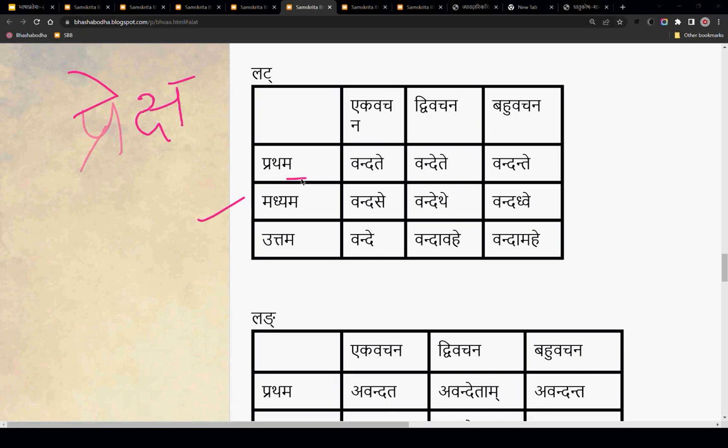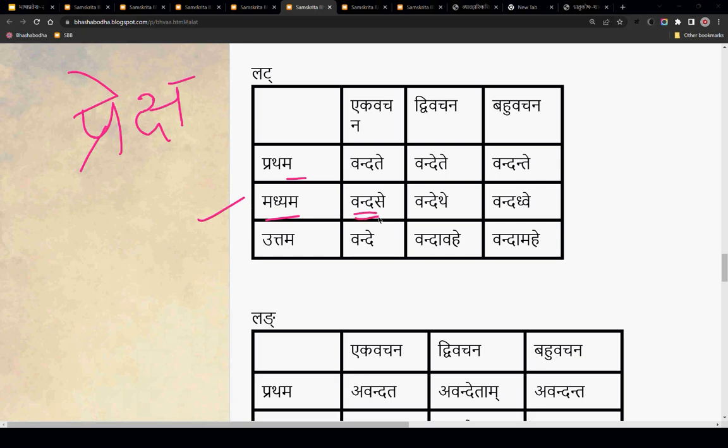Then Madhyama Purusha Ekavachanam: Prekshase, not Prekshasi. Prekshase.